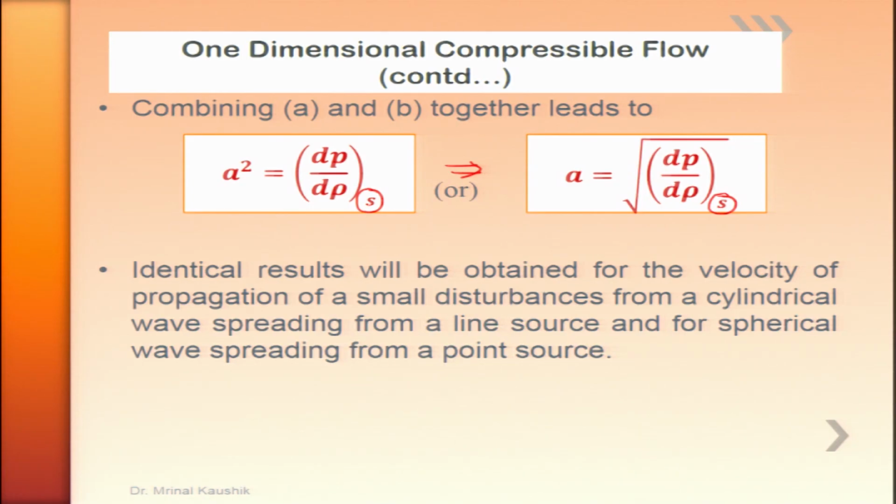If we are dealing with an ideal gas or a perfect gas, then we know that the perfect gas follows the thermal equation of state. What is a perfect gas? A perfect gas follows the thermal equation of state as well as the calorical equation of state. We have already discussed and elaborated on this.